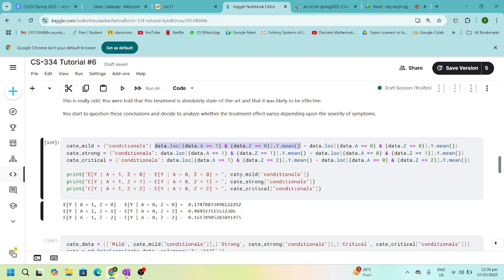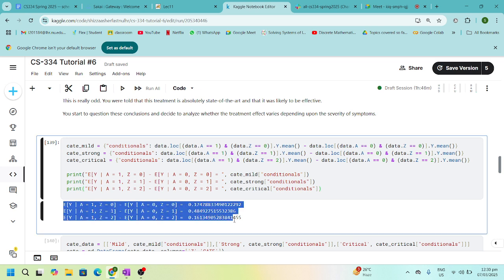So first I have found the indexes of all the people that were given the treatment such that their symptoms were only mild. And then I have, of course, found the average of Y. Similarly, I have found the average of the people that were not administered the treatment and had mild symptoms. And then I've done the same thing for strong and critical symptoms as well. And these are the values that I have obtained.